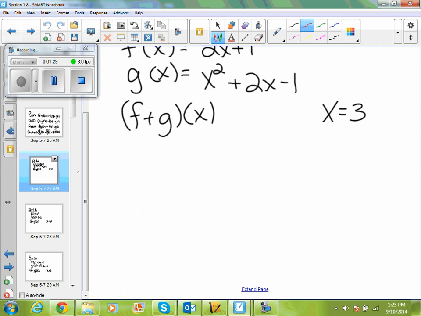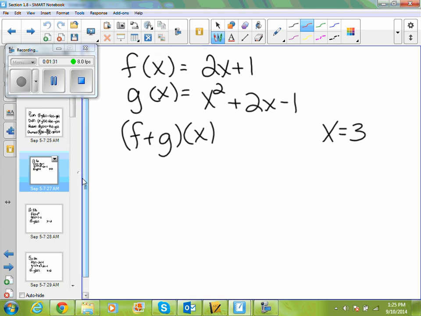I'm going to take my sum, and I'm going to be adding my 2 functions together. So f of x is 2x plus 1, and then I'm adding g of x to that, so plus x squared plus 2x minus 1. My last step is to simplify, and I'm going to write it in exponential order from biggest to smallest.